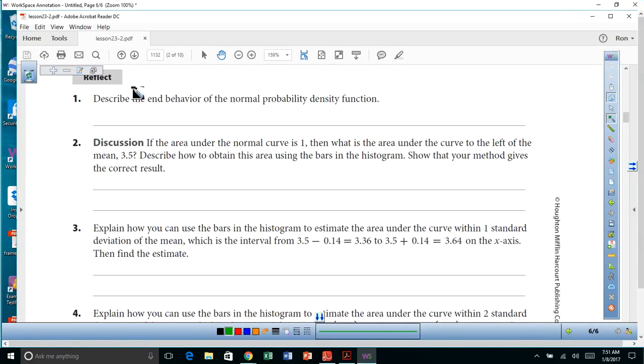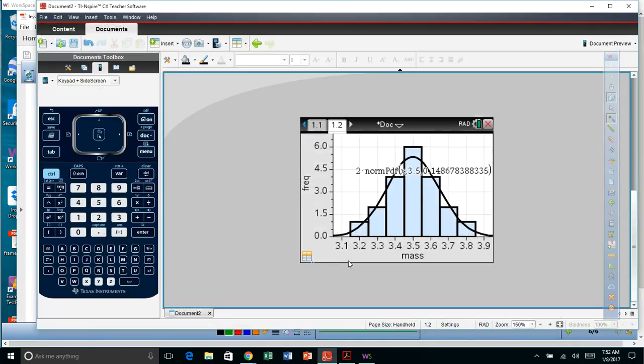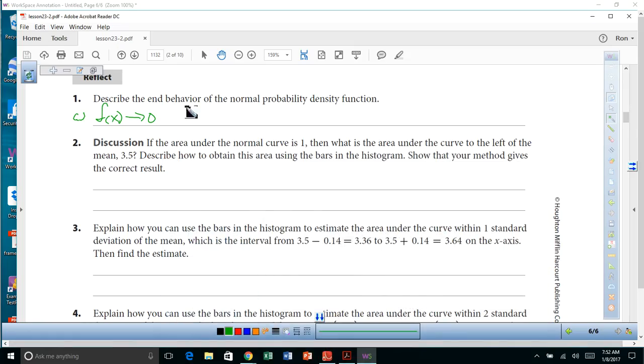Okay, so if you look at it, as f of x approaches 0, as the y gets closer and closer to 0, x increases or decreases without bound.